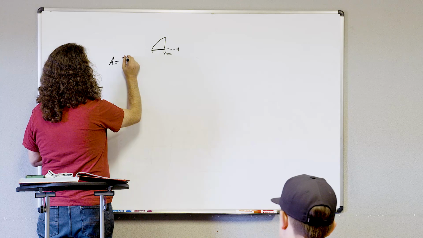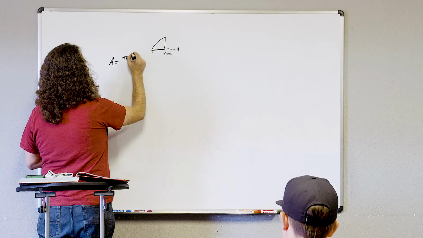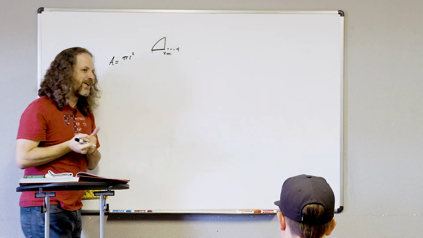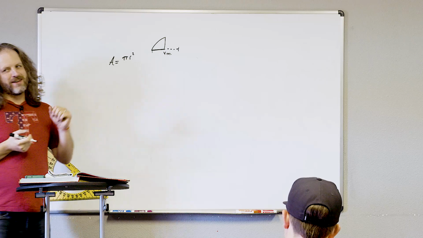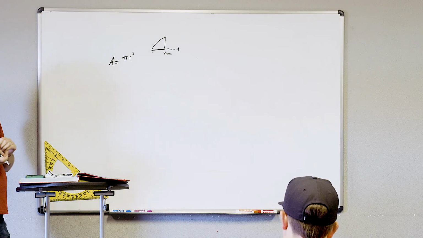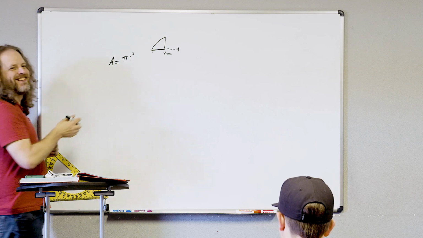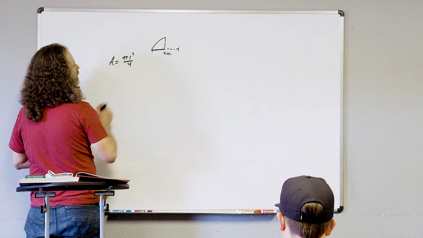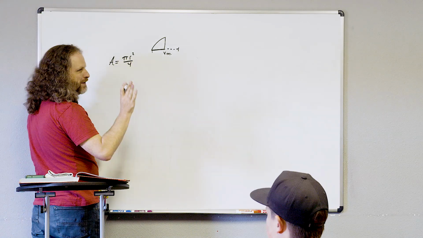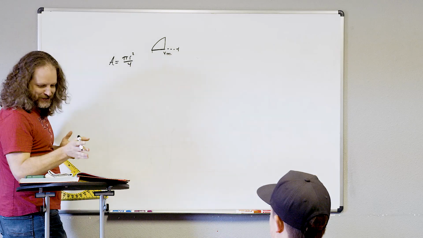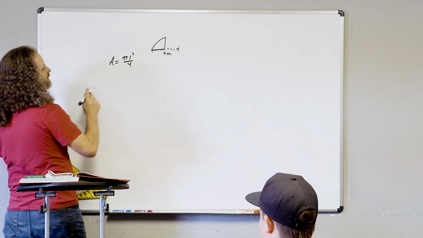That's right. Now, if it's a fourth of a circle, what are we going to have to do to this formula? I'm going to have to divide it by 4. And I'm going to assume like you did, and let's see if we get the same answer.